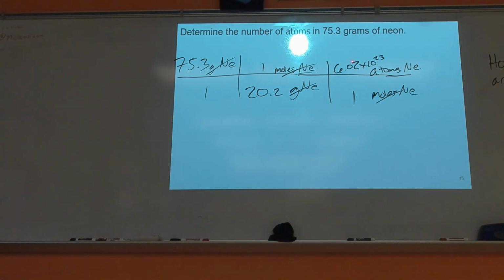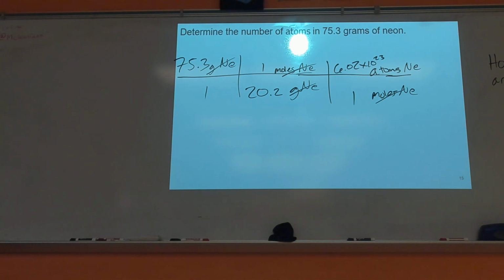Asking why it is 6.02 times 10 to the 23rd would be like asking why a dozen is 12. It is because it is. It's just been an accepted thing in the scientific community.